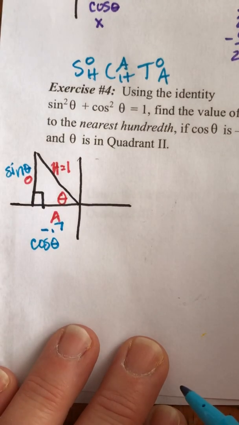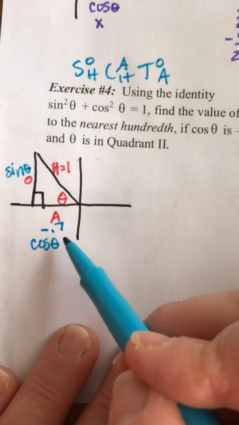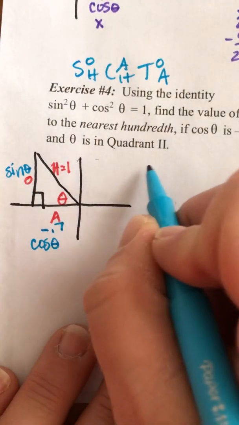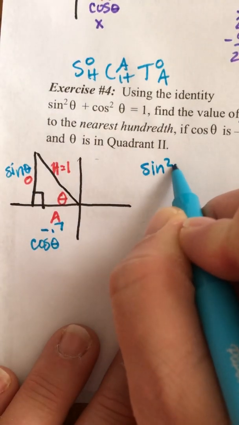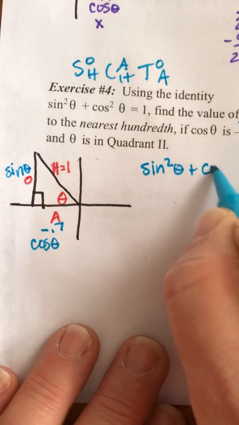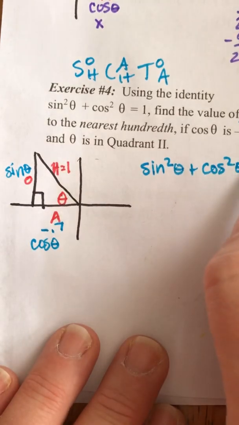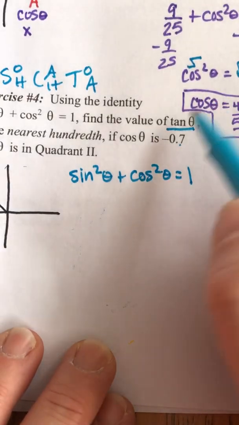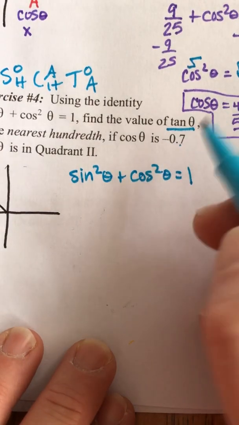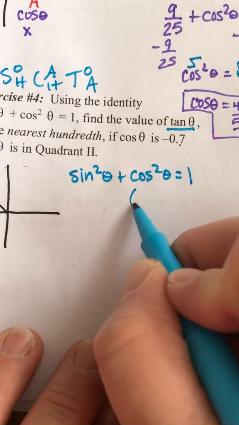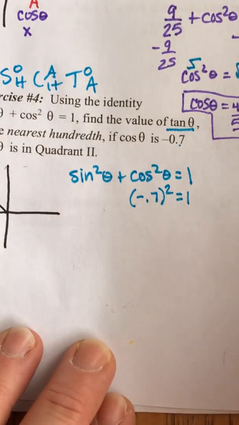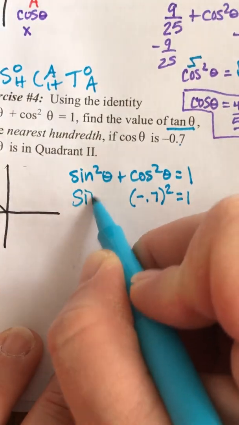So using that Pythagorean identity, leg squared plus leg squared equals hypotenuse squared, I'll be able to solve for sine. So sine squared of theta plus cosine squared of theta equals 1. I'm going to substitute the cosine value they gave me, negative 0.7, for the cosine, and bring down my sine.